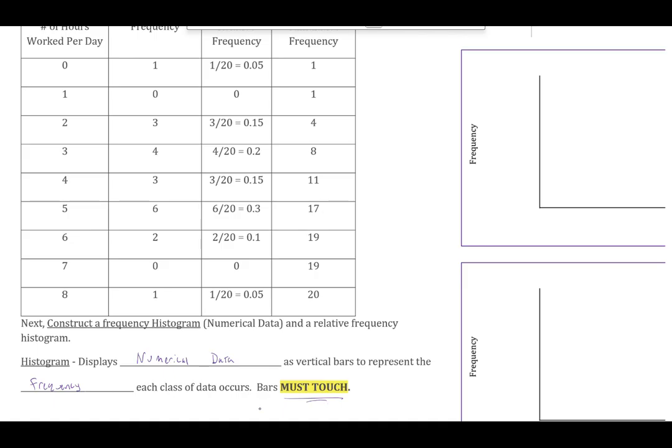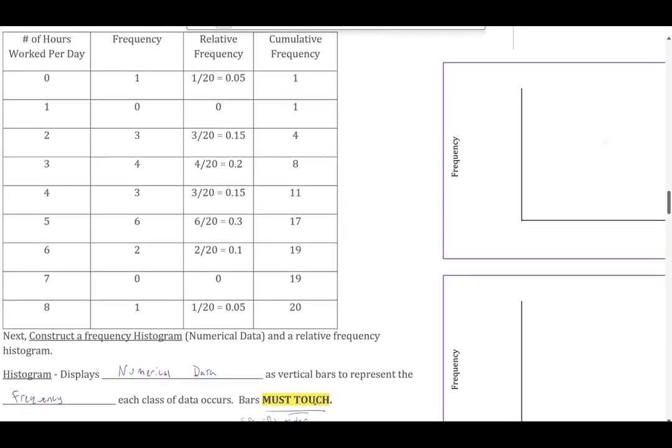Since our data is numerical, they have a specific order. So therefore, 1 is followed by 2, is followed by 3, is followed by 4, and we need to follow that specific order. So we are going to graph a histogram for this data set here, number of hours worked.